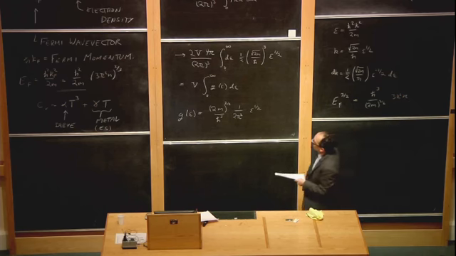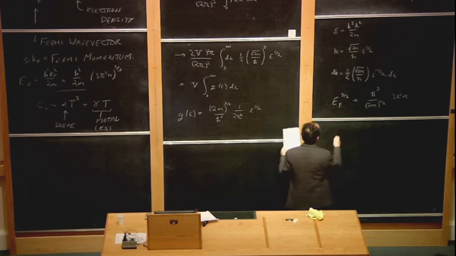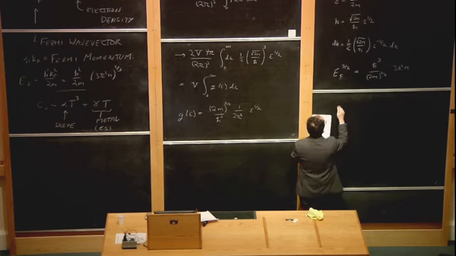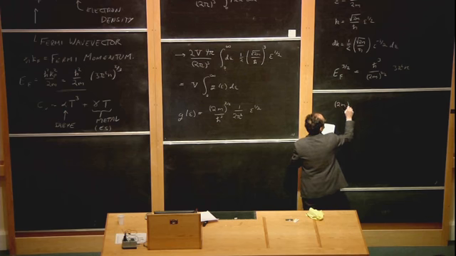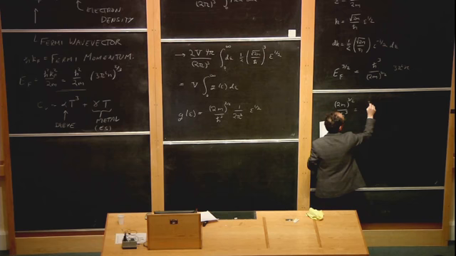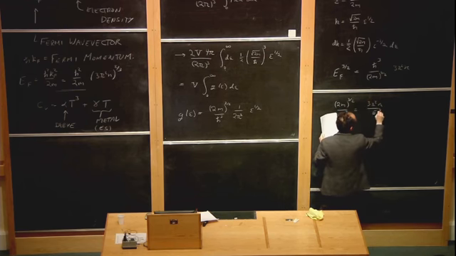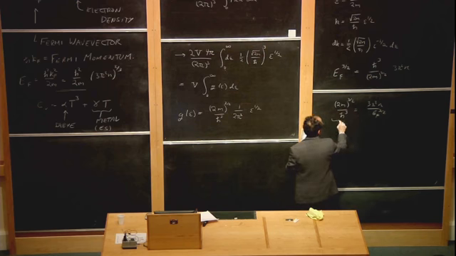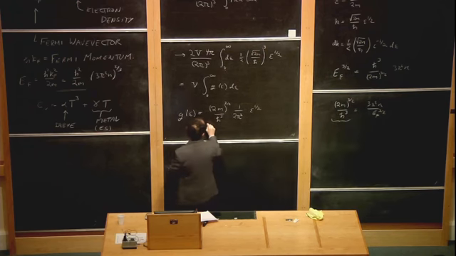Did I do that right? I think I did that right. And then you'll notice that I can turn this around: 2m to the 3/2 over h bar cubed is then 3 pi squared n over EF to the 3/2. And this factor here is this factor here.